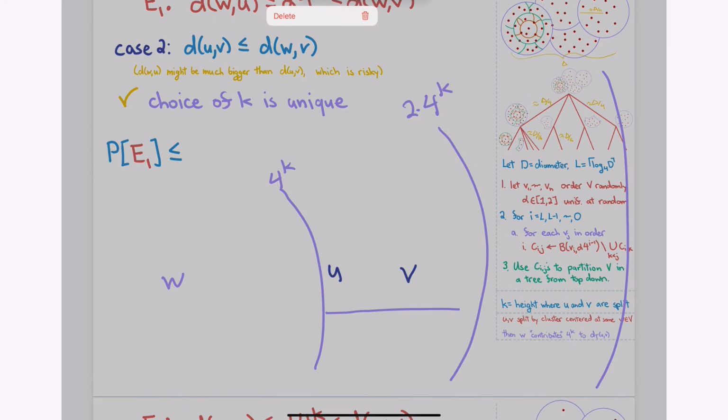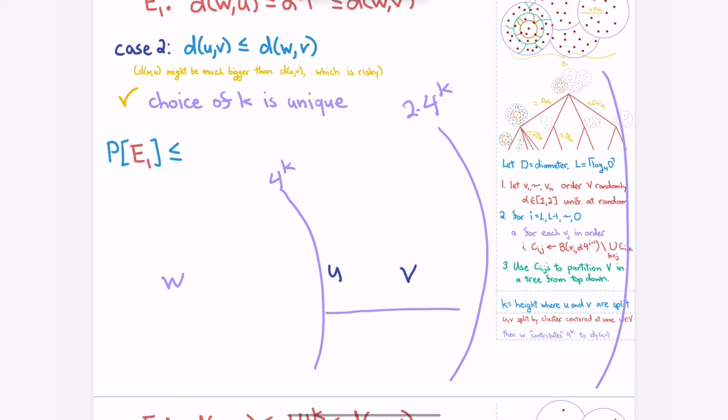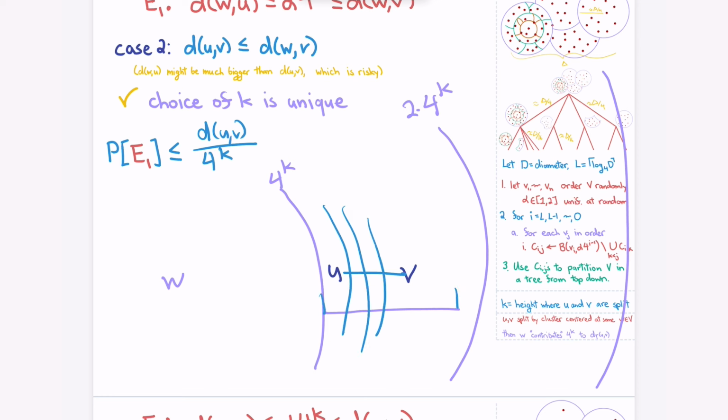So in the worst case, the odds of choosing something that splits them in the middle is going to be DUV over 4 to the K, because if you're inside here, then you split them up, but you're choosing it out of this interval. And this is not a very exaggerated picture; in a more exaggerated one, this part is huge compared to UV. The point is the choice of K is unique, and then there's only one.